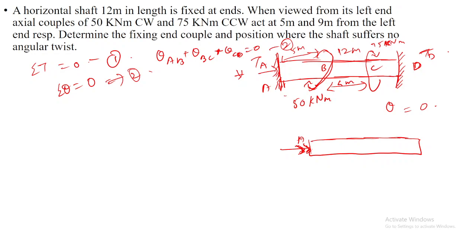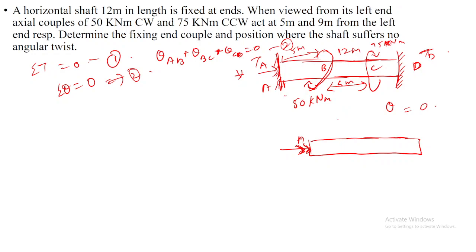For example, in the reaction couple, it should be counterclockwise. Why? Is the direction I have drawn here correct or wrong? CCW also means counterclockwise. The 75 kilonewton meter is counterclockwise.